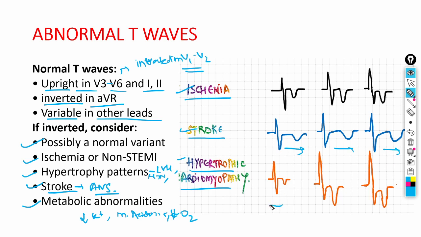On the other hand, in hypertrophy patterns like hypertrophic cardiomyopathy or LVH, there are ECG changes of LVH along with ST-T changes, which is considered as the strain pattern. This is the strain pattern with very large negative deflection of T waves along with ST depression.